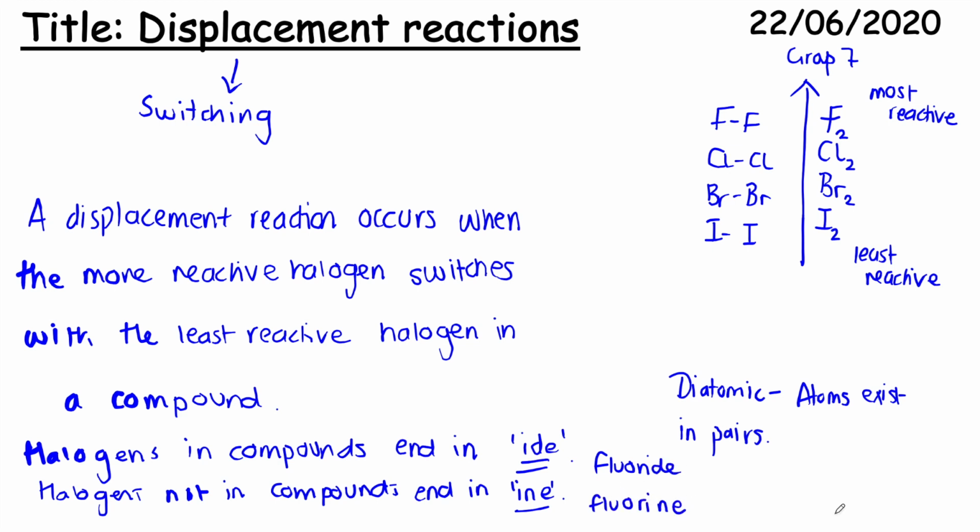So just to recap, halogens in compounds end in IDE, so fluoride, and halogens not in compounds end in INE, so fluorine. So let's have a look at a displacement reaction.